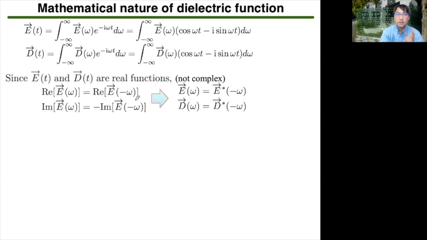That means the Fourier transform equals its conjugate with minus omega. This nature applies to both the electric field E and displacement field D.